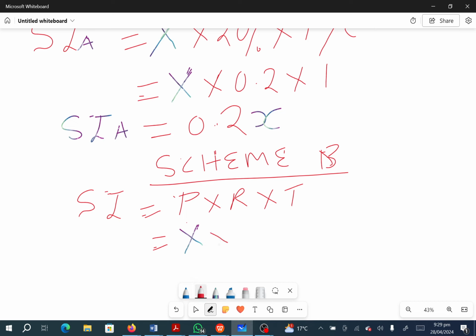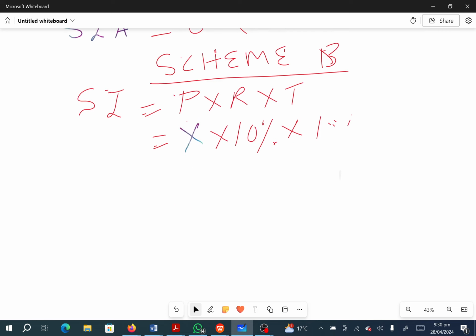So multiply by, so we are saying our rate was 0.1, which is 10%. So our rate in scheme B is at 10%. Then our year is 1 year.